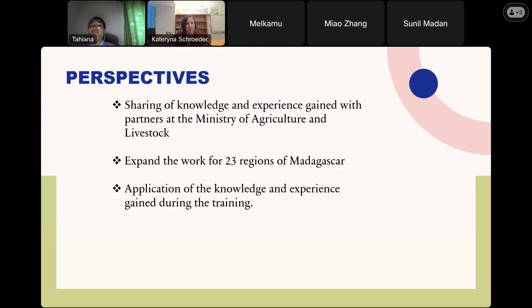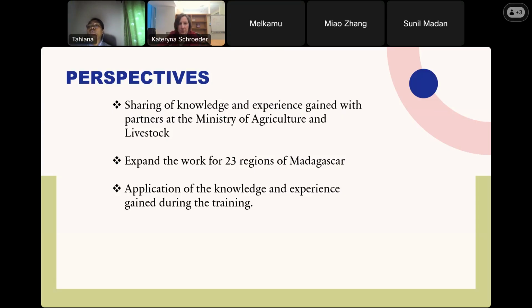So for Madagascar, the outlook is to share this CropWatch knowledge and the experience gained during the workshop inside the Ministry of Agriculture and Livestock.